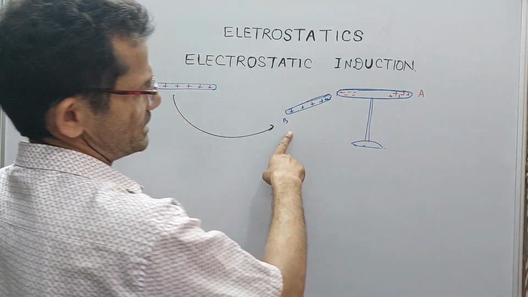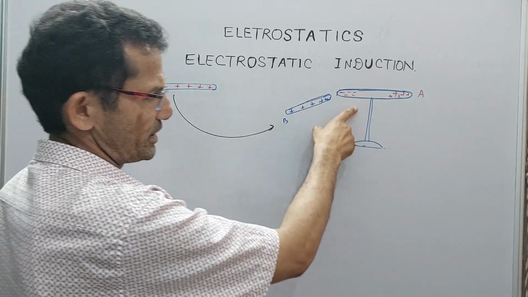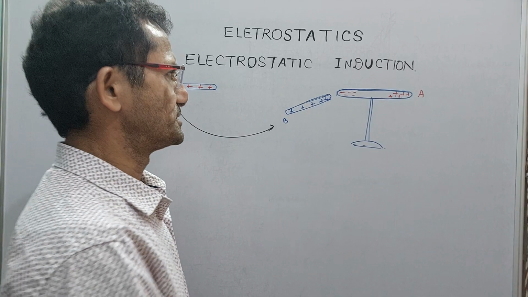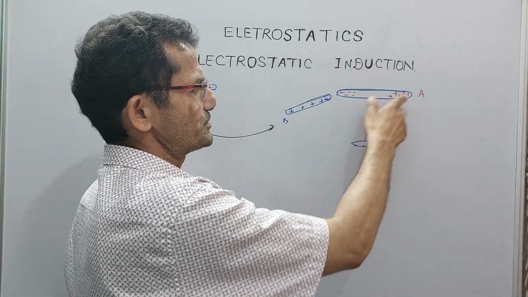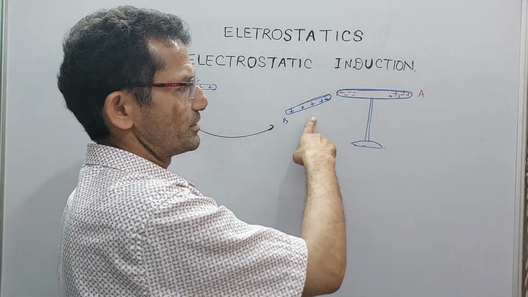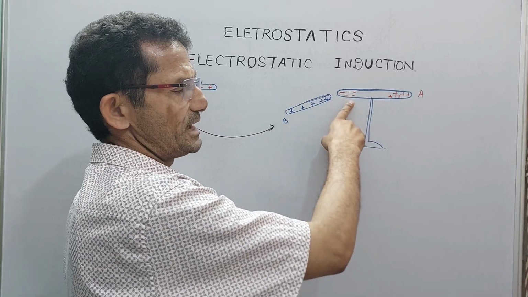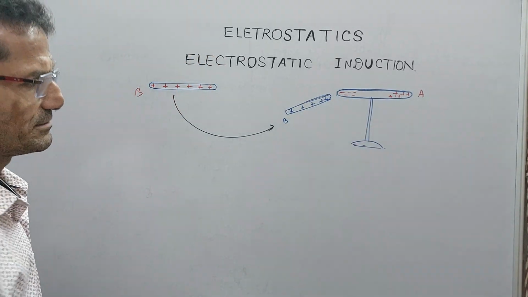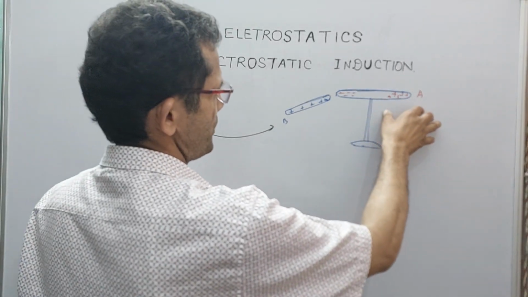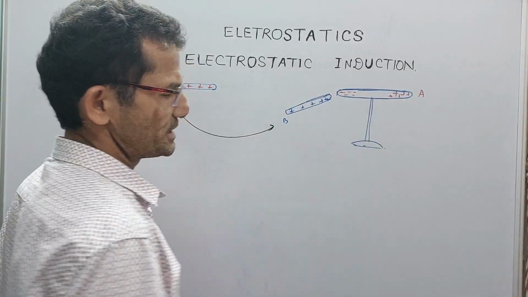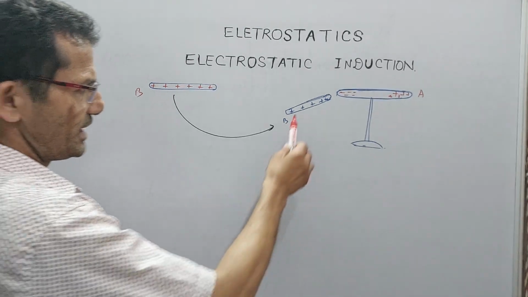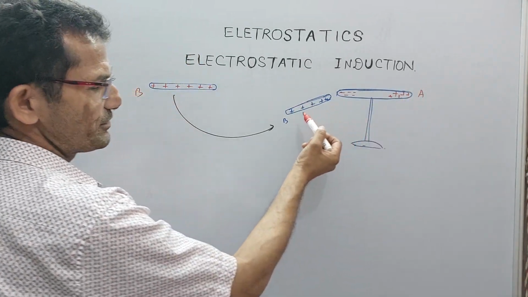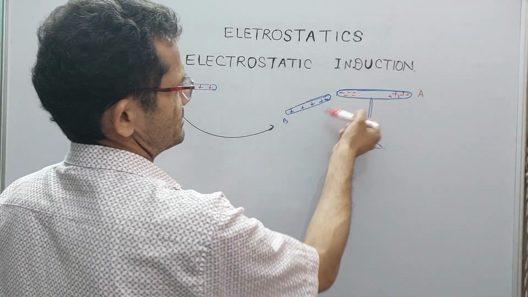When you bring this positively charged rod nearby rod A, due to the Coulombic pull, the electrostatic pull between positive and negative charges, the electrons come nearby rod B. That's why the negative charges are collected at this end, and positive charges remain at the far end, because between positive charges there would be repelling forces. So due to the repulsion, positive charge remains at the far end, and due to the pull of the Coulombic force, negative charges come nearby this one.